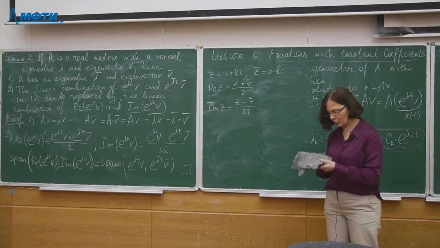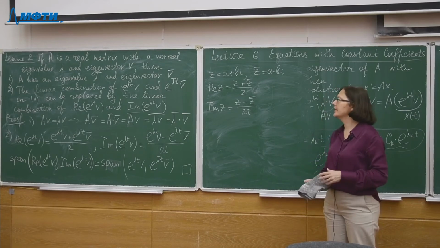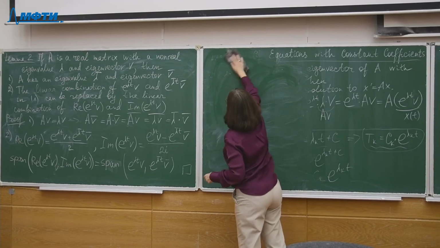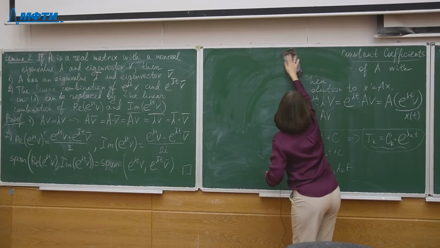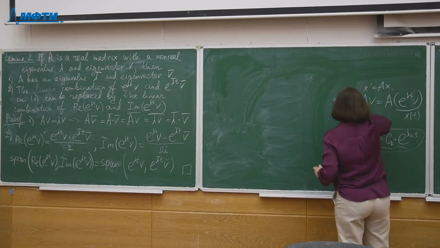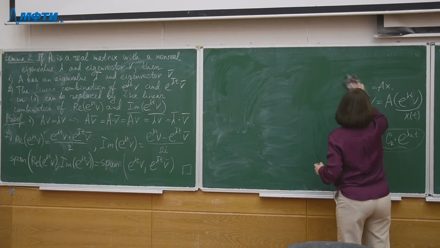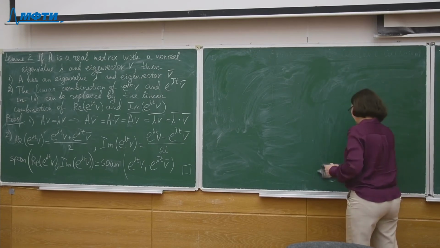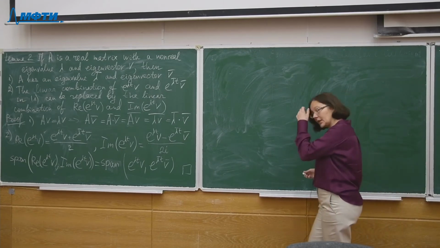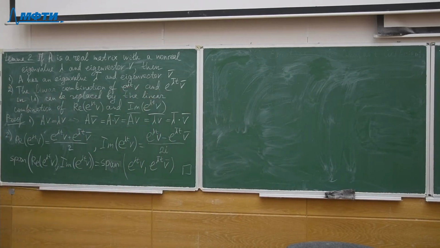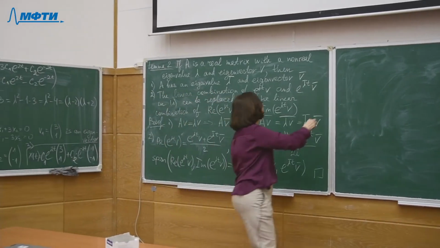Let's try to solve something with complex eigenvectors and eigenvalues. So this was example number 1, and example number 2 now.